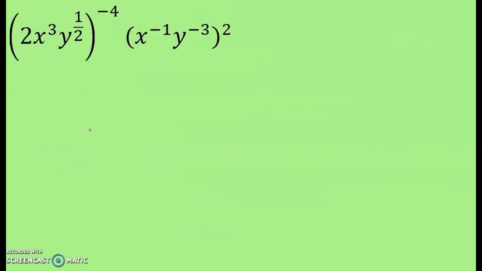Let's look at one more example. We have 2x to the 3rd power times y to the 1/2, all to the negative 4th power, times x to the negative 1 times y to the negative 3, all to the 2nd power. So this was just like the previous examples, except for now we have 2 of these to multiply out first.